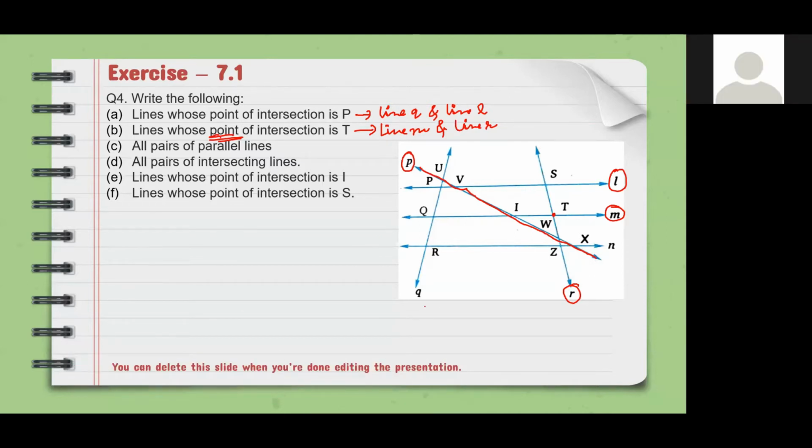Next one. Riddhi Siddhi. Bolo. Yes, sir. Question number C part C. All pairs of parallel lines. Which are parallel lines then? We have seen parallel lines.